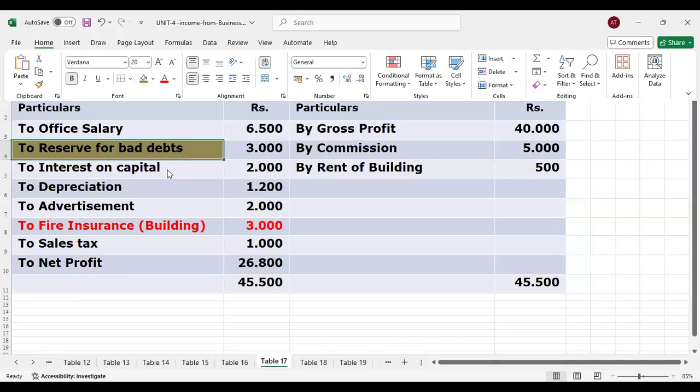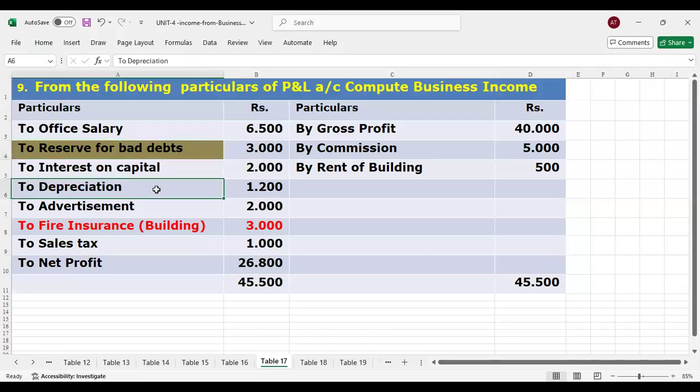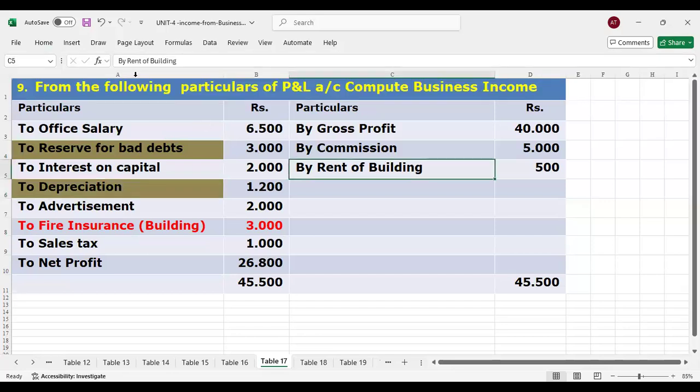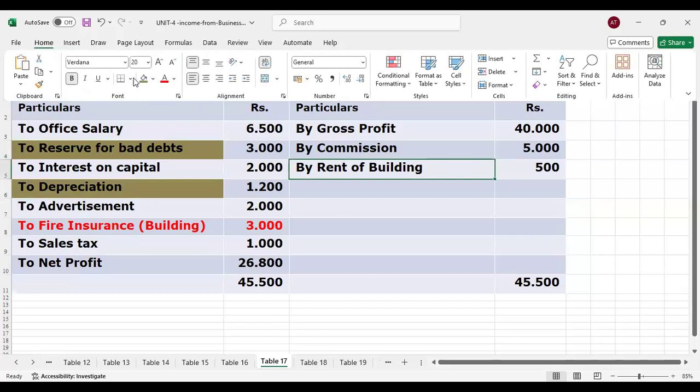If I'm paying interest on capital, it is not my regular activity. I borrow money, I pay it, but it may or may not be my regular activity. Similarly, for depreciation, I need to find out whether it's in permissible limit or not. Then, rent on building is not my business income, so again, this type of income is not allowed.